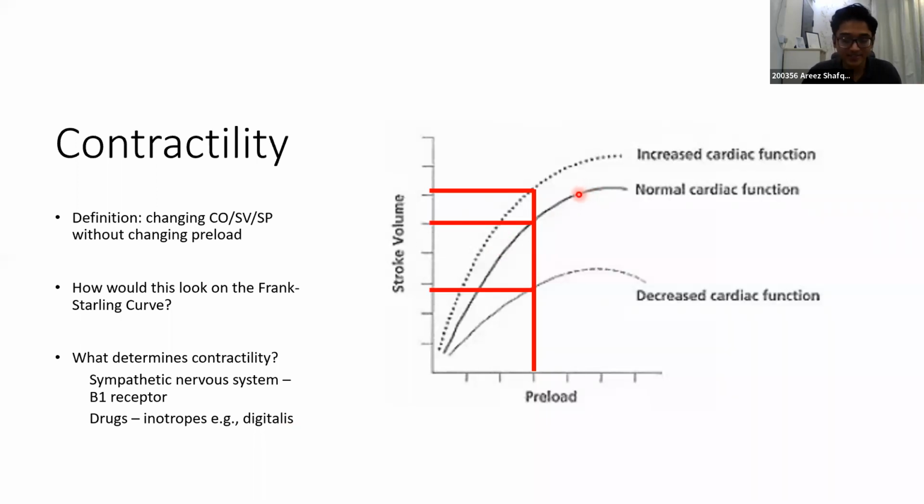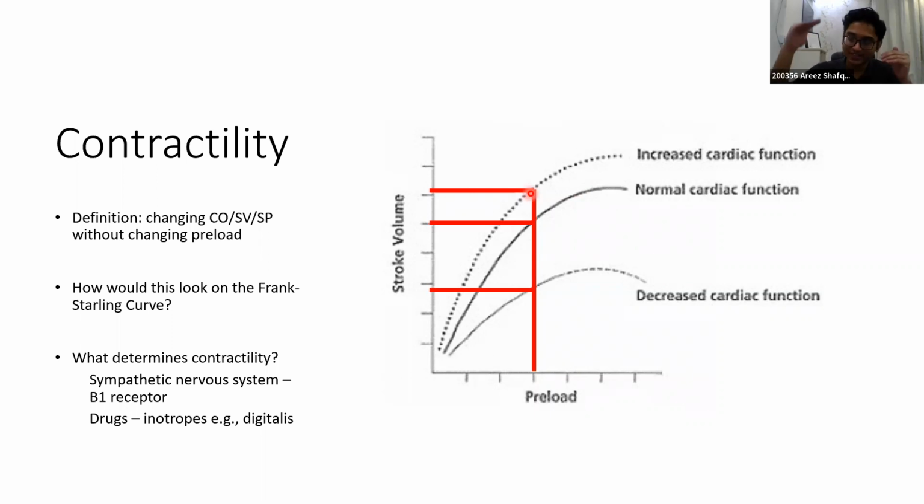You would say this is Frank-Starling, because preload is increasing and stroke volume is increasing. What would shift the curve from point A to point B? You would say an increase in contractility, because preload is not changing, but cardiac output is changing. That means I altered contractility. So that's the second point.